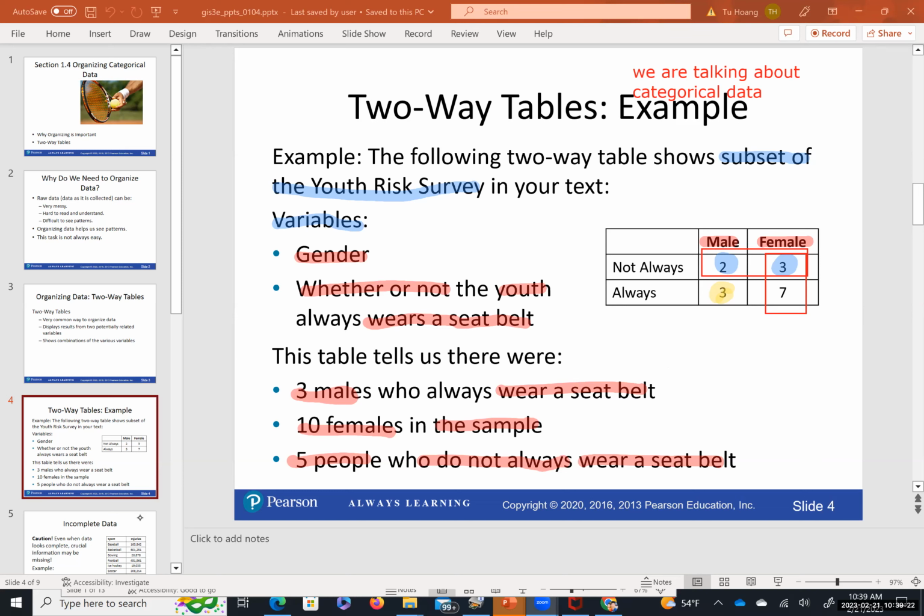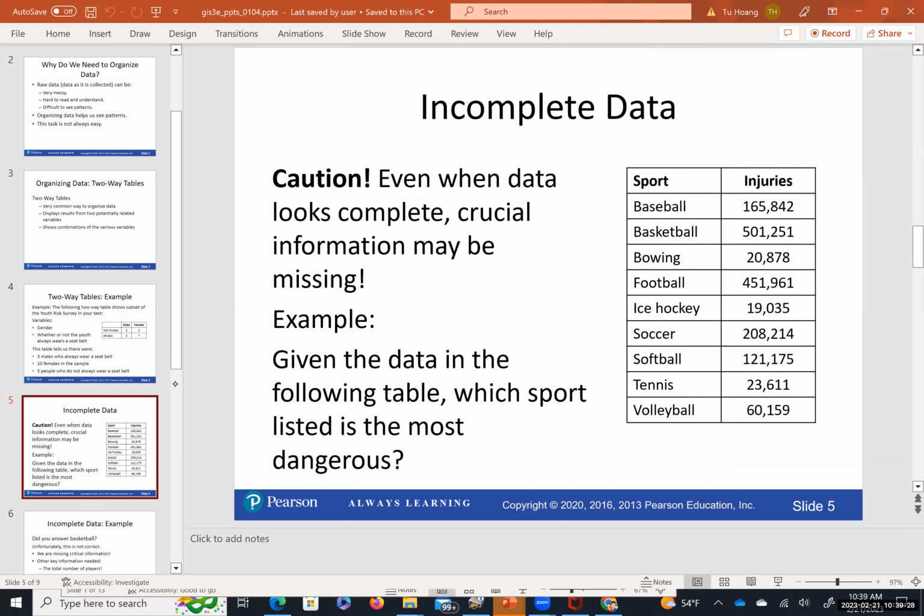And now I'm going to move to incomplete data. All right, so this is a question. Even when data looks complete, crucial information may still be missing.